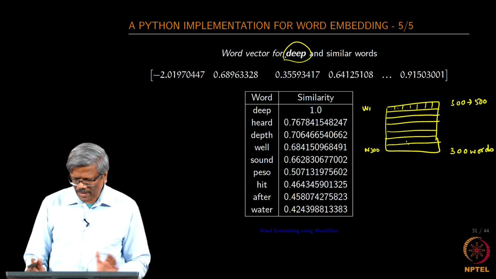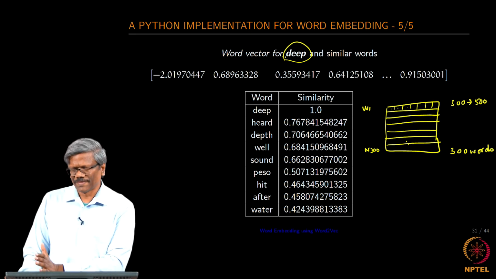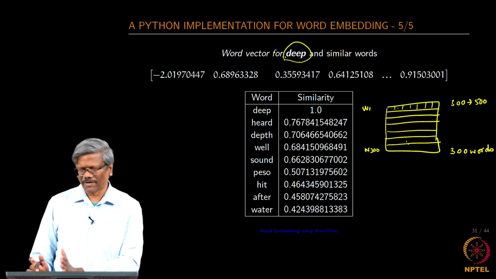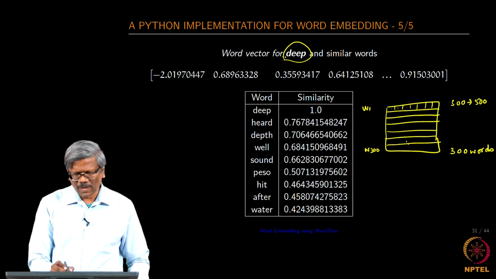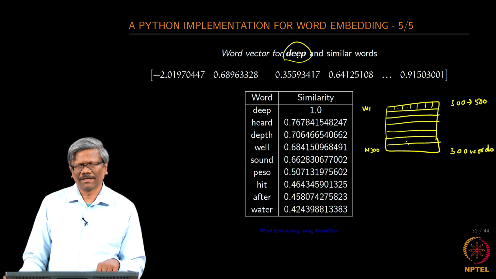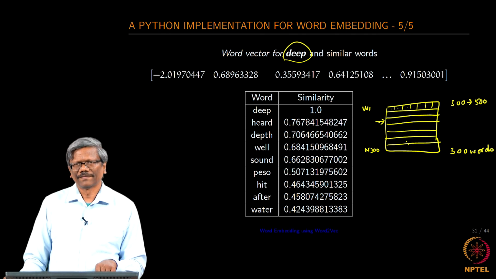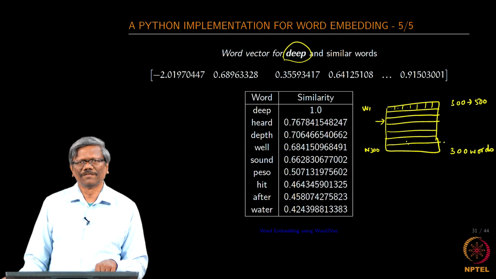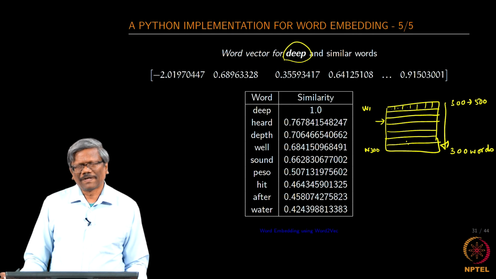So, once the program reaches an equilibrium state, we do not need the context weight part, we do not need that softmax, we do not need any of those. What we require is the embedding matrix. Okay. So, now I take one word, deep, and take the vector out of that and then run it through all the word vectors here to find the similarities.